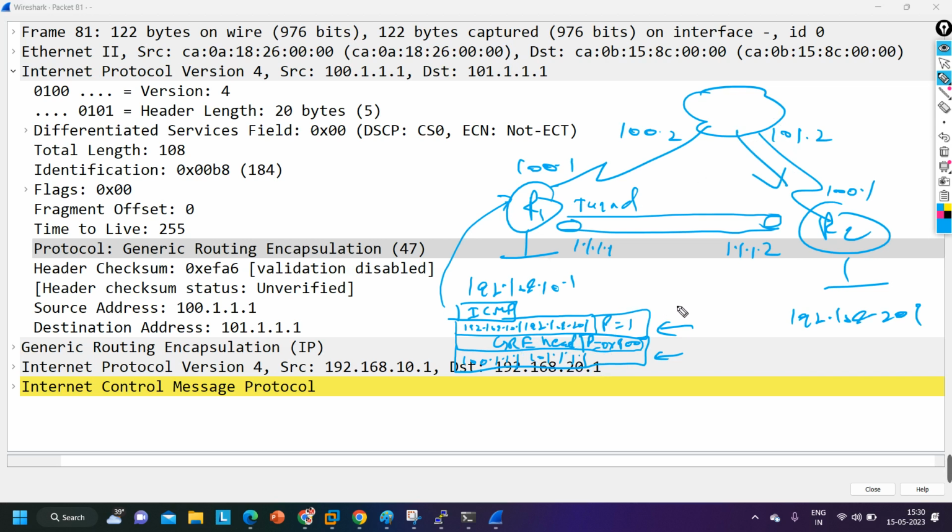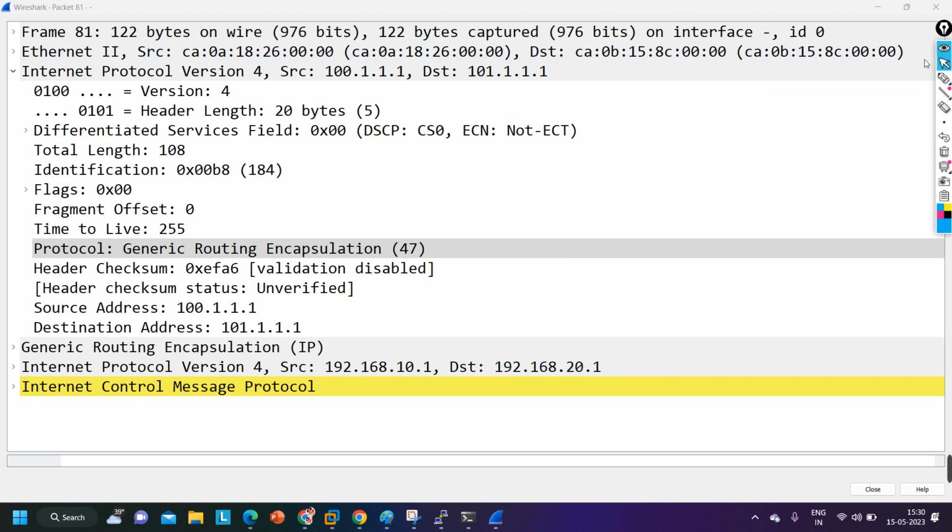The ISP will never check the inner header. If it did, the destination is private and the ISP would drop it. That is the reason PCs are able to communicate with each other through the tunnel: in the outer IP header, the source and destination IP addresses are public IP addresses. Getting my point?